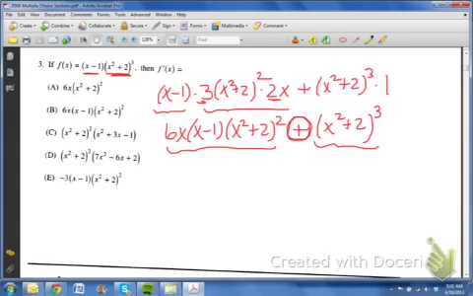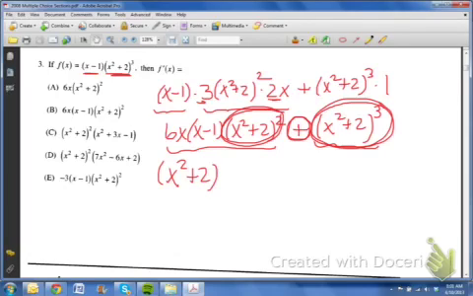So when you look at the 2 terms, what they have in common is this x squared plus 2 factor. So we can factor out an x squared plus 2 squared. So that'll cancel that out of this first term and leave me with 6x times x minus 1. And then that'll cancel all but one of them out of this term.